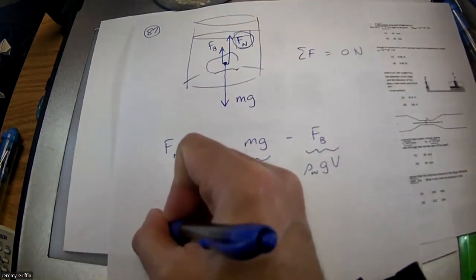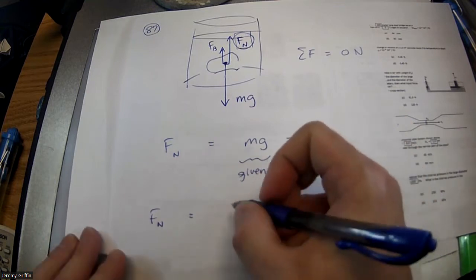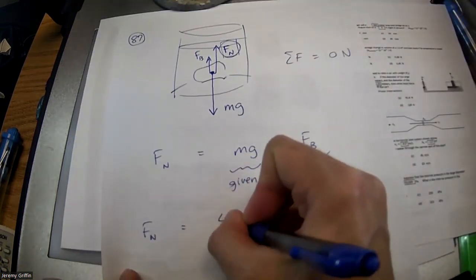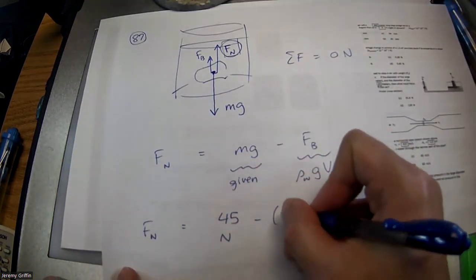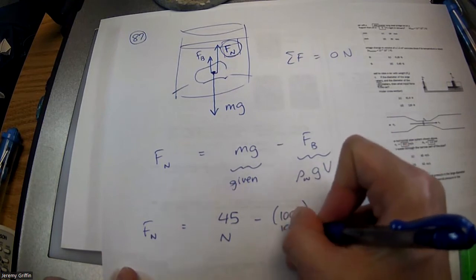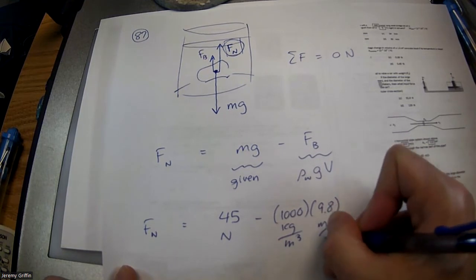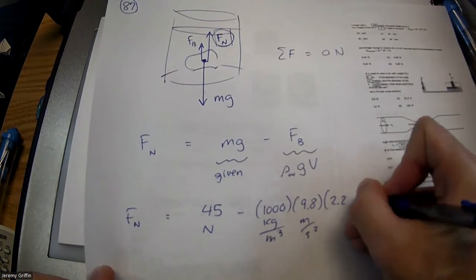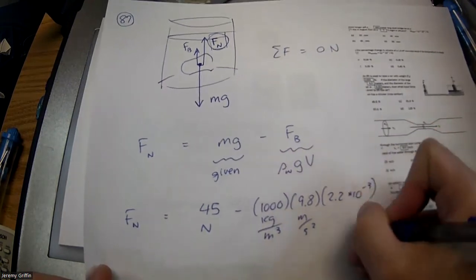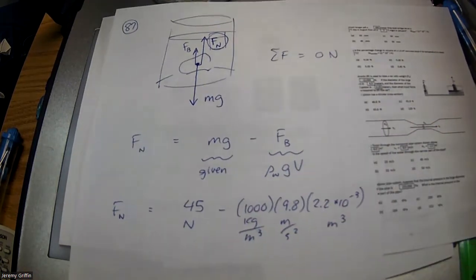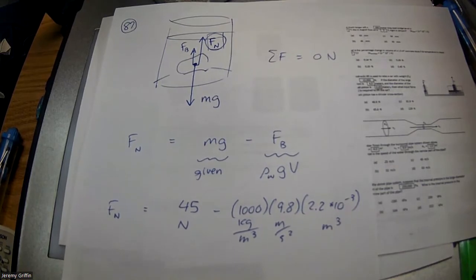Normal force then, which is again the apparent weight, is equal to the weight in air, which for me was 45 newtons, minus the density of water, 1,000 kilograms per cubic meter, times the gravity field, 9.8 meters per second squared, times the submerged volume, 2.2 times 10 to the -3 cubic meters.